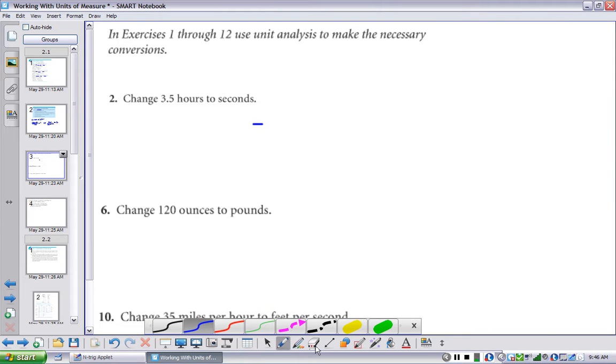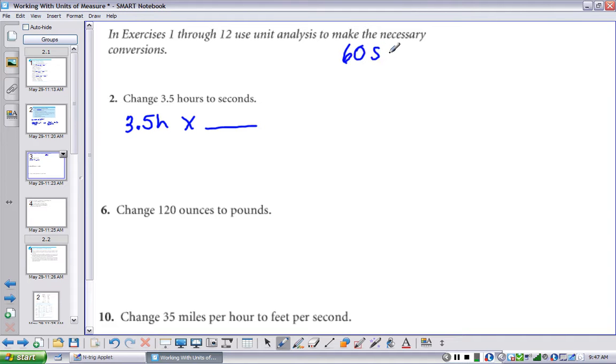If you were taught a different notation, the notation really does not matter as long as you are multiplying 3.5 hours. And it's good to use, or you have to use really, the units here. Now, we need what's called a unit multiplier. We know that 60 seconds equals 1 minute.